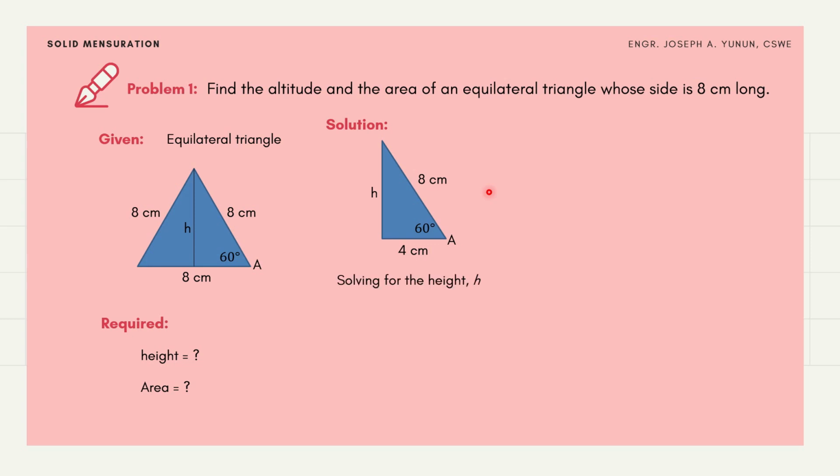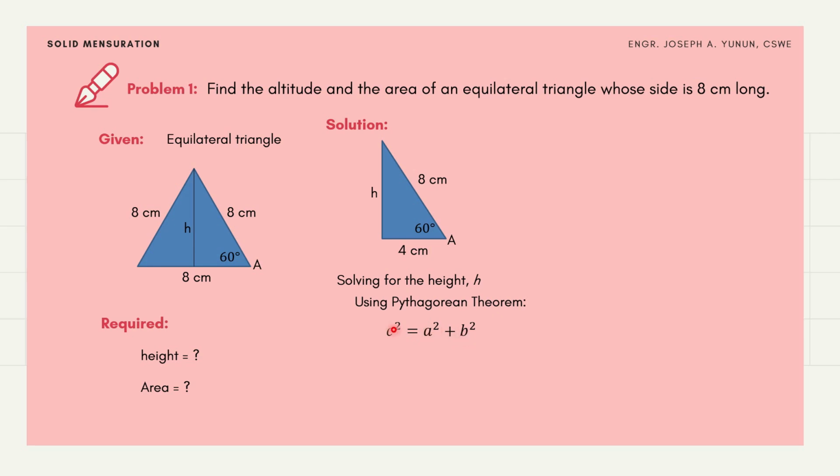So for this particular problem in solving for the height, I have used the Pythagorean theorem. Okay? So the Pythagorean theorem is represented by this formula. That is, the square of the hypotenuse is equivalent to the sum of the squares of the other two sides.